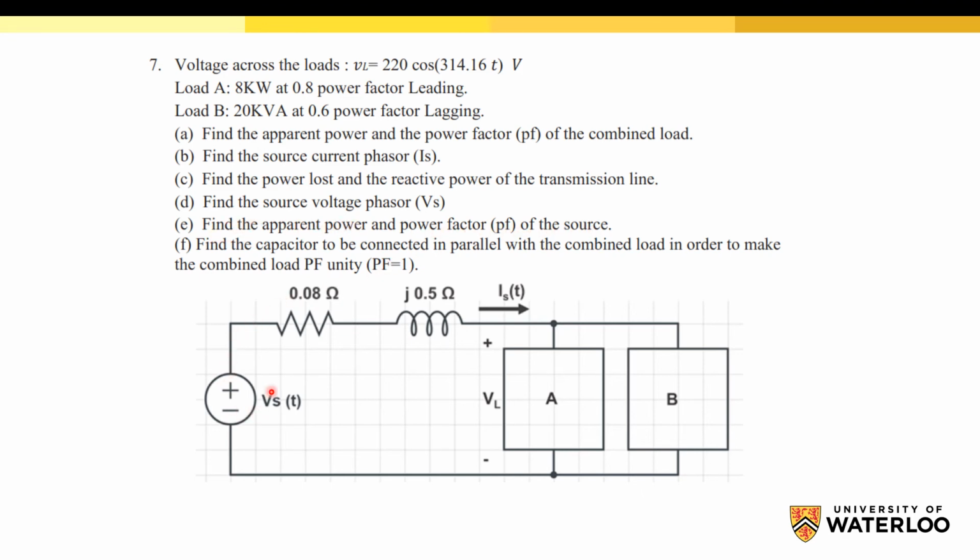Finally, we need to find the capacitor to be connected in parallel with the combined load in order to make the combined power factor unity. So we need to connect a capacitor here in parallel to these two loads in order to make the total power factor unity.